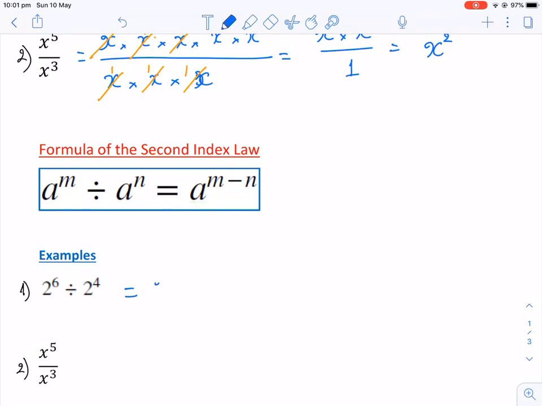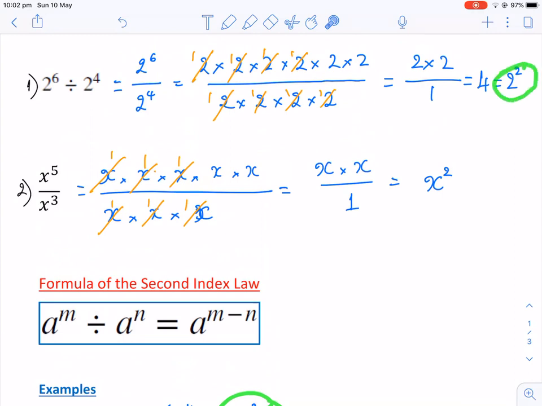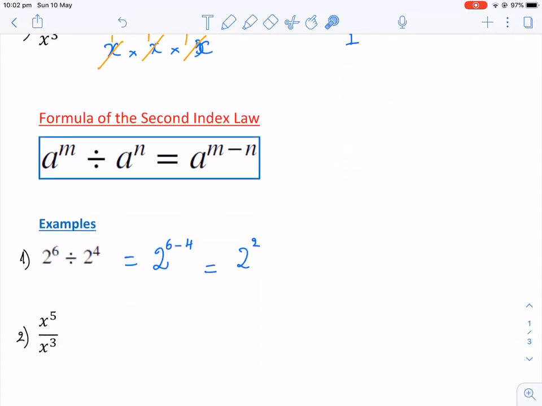The first thing I have to do is write the number 2, and then I get the index of the first one, 6, take away the index of the second one, 4, equals 2 squared. You can see here the answer using the second index law and the answer manually are the same. How about the second example?